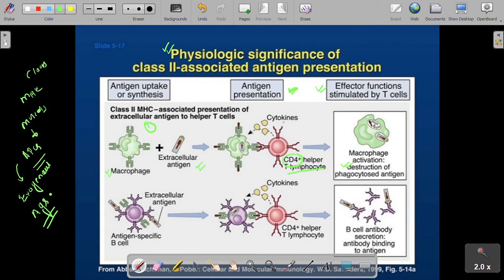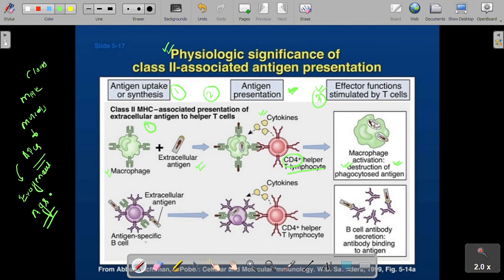By combining with the Th helper cell, this Th helper cell secretes some cytokines. The second step is the antigen presentation, the first step is the antigen uptake or synthesis, and the third step is the effector function stimulated by the T cell, that is the destruction of phagocytosed antigen.